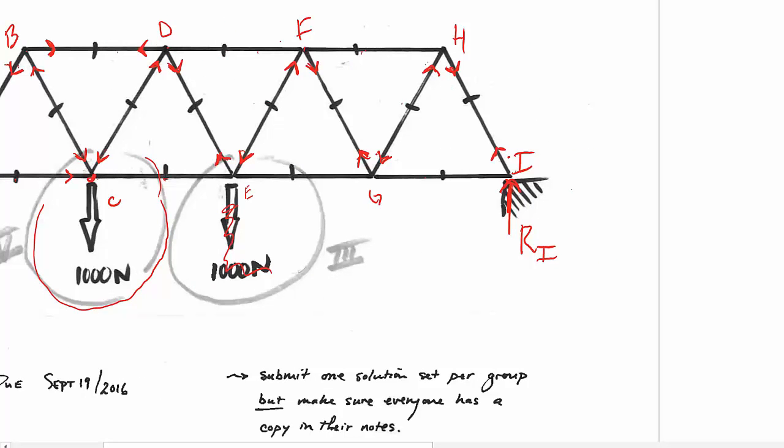So let's just double check. If we think that is true, then FHI vertical sine 60 should be equal and opposite to this, which was 250 newtons. And sure enough, if you go 288 sine 60, you get 250.